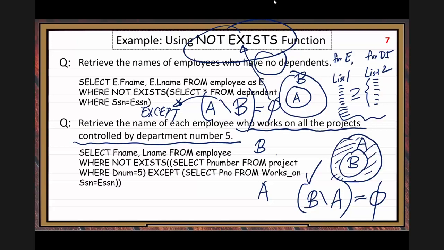Think about that. The first time I explained, the direction was wrong. I felt one employee should work on fewer projects than the whole department, but actually that's not necessary. It could happen that the projects the whole department works on are still fewer than those of one particular employee.